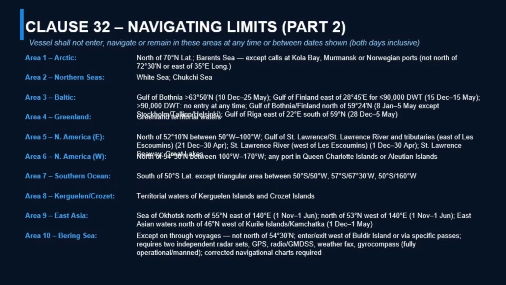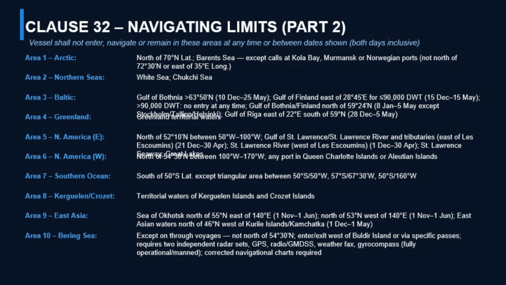Clause 32 establishes geographical limits within which the vessel may trade. Certain high-risk areas are restricted due to severe weather, ice conditions, remoteness, or navigational hazards. Examples include the Arctic regions, the White Sea, parts of the Baltic, Greenland waters, certain North American waters, the Southern Ocean, the Sea of Okhotsk, and parts of the Bering Sea.